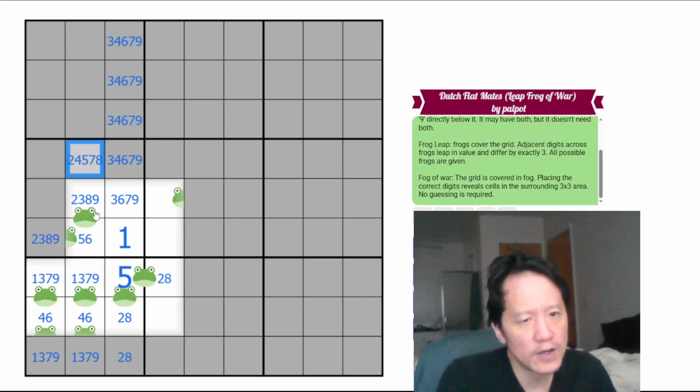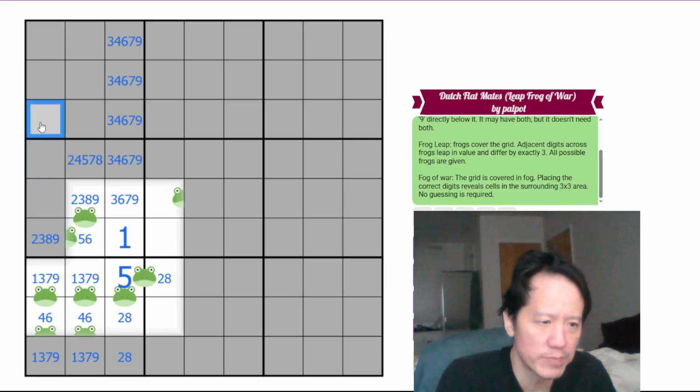If this were 5, it could have a 9 below it, because this would have to be 3, 9, 6. If this were 5, it could have a 1 above it, though. If this is 6, that would make this 4, which would make this 1, 7.